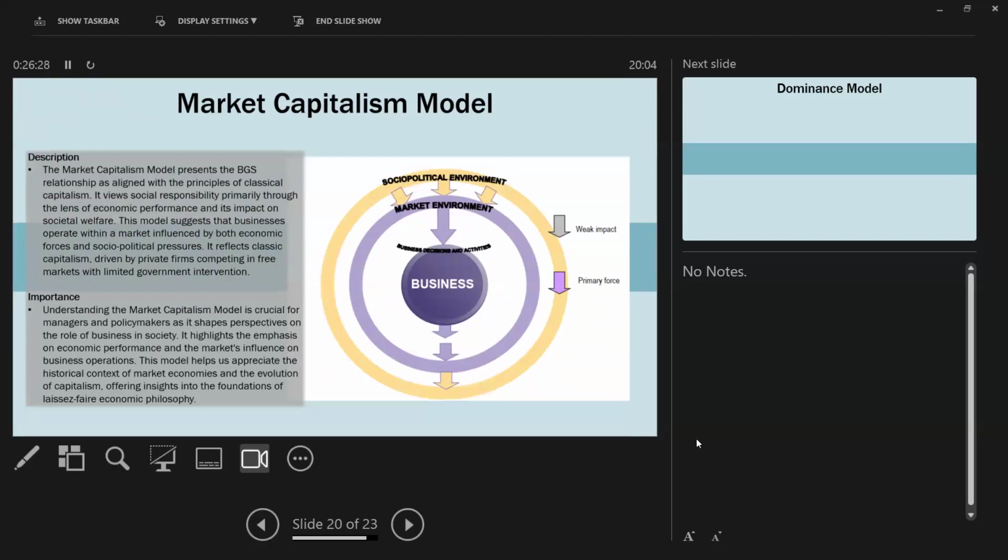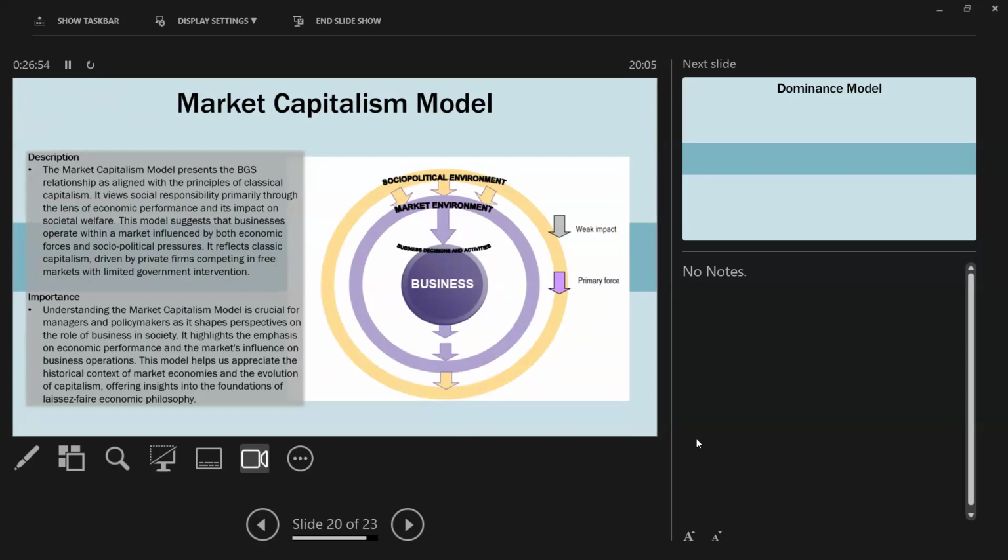The first model that we're going to talk about is the market capitalism model. The diagram on the right side is the diagram within your study module. Let's describe the model first, and then we talk about its importance in the framework.